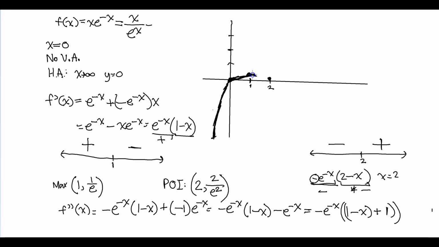We keep on curving down until it hits here. Then it still decreases, but now it's concave upward, and we start to approach 0. So you see that the graph of x e to the negative x kind of looks like this.